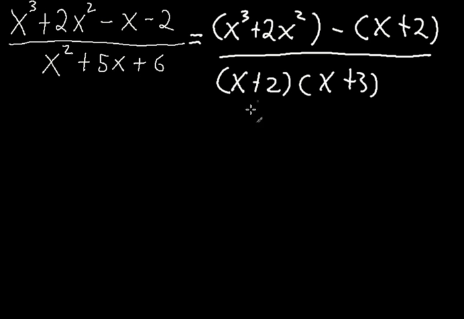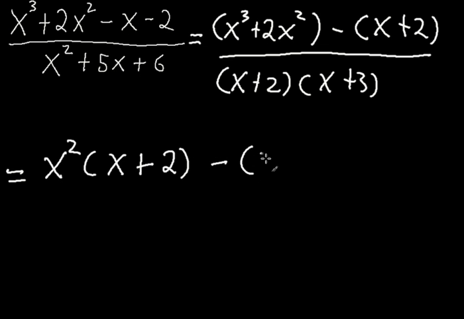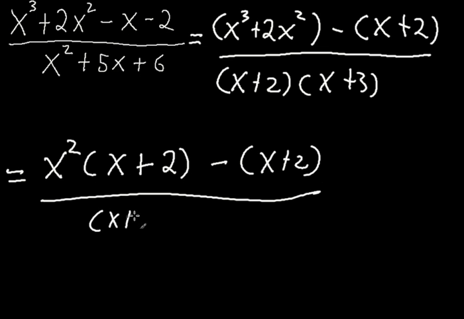Okay, and we can say already that we're going to end up canceling x plus 2, but let's see what happens. I can factor out an x squared here, which leaves behind x plus 2 minus x plus 2 over x plus 2, x plus 3.